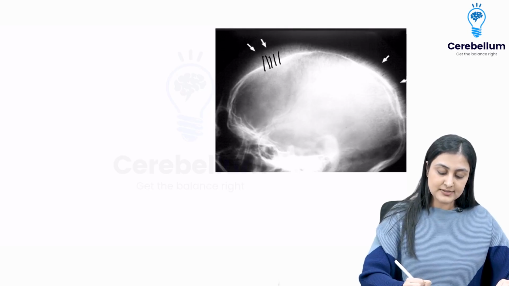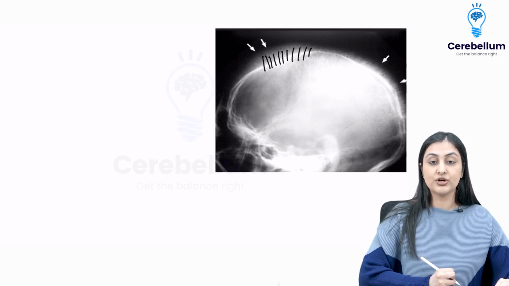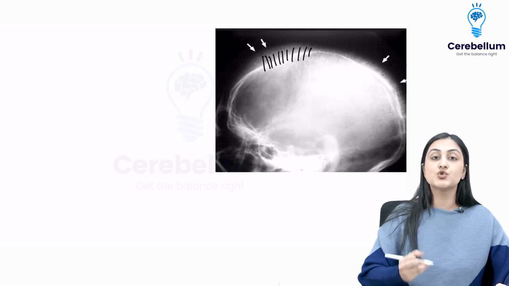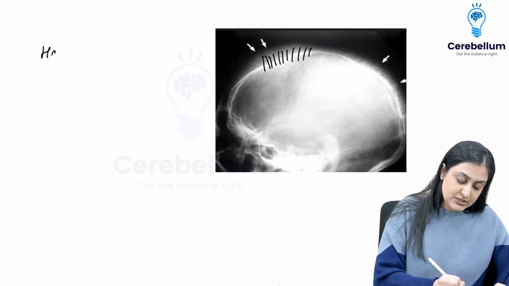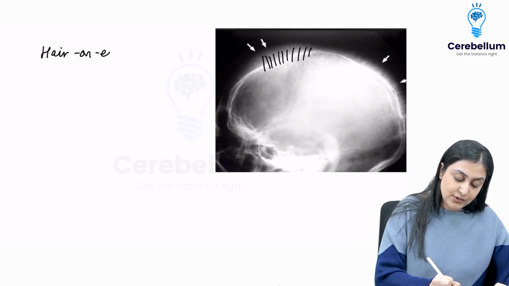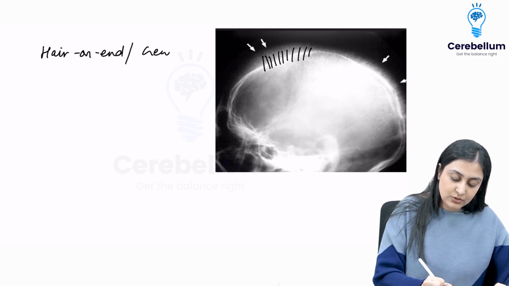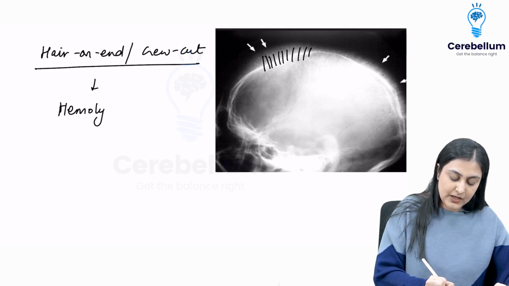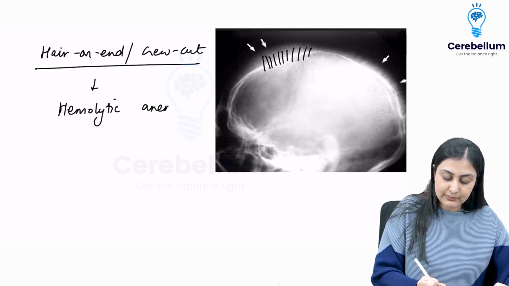What we see here is this hair on end or a crew cut appearance. We can see how the bony trabeculae here are so expanded. So this is called a hair on end or a crew cut appearance, and this is what we see in any hemolytic anemia. So this is the appearance in hemolytic anemia.